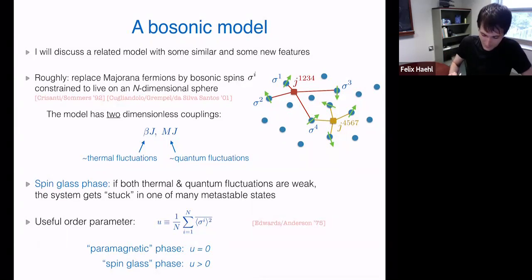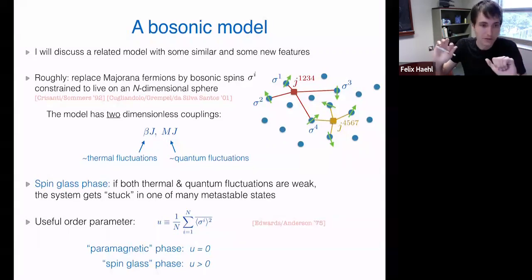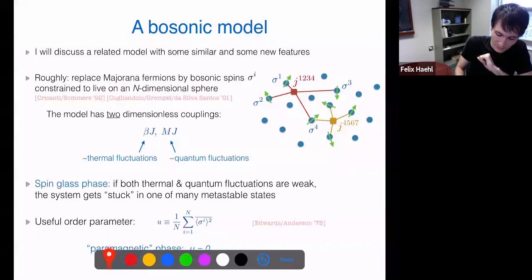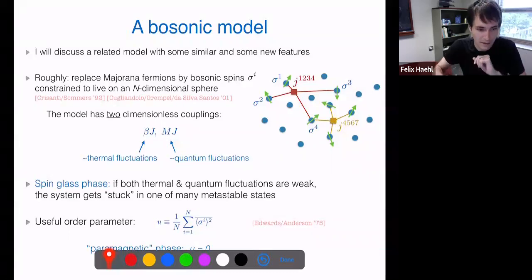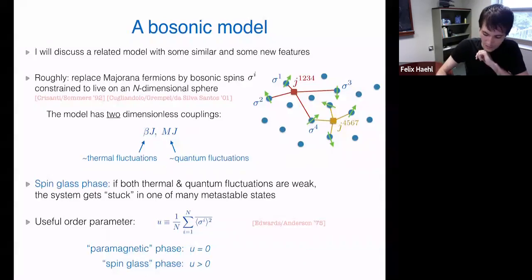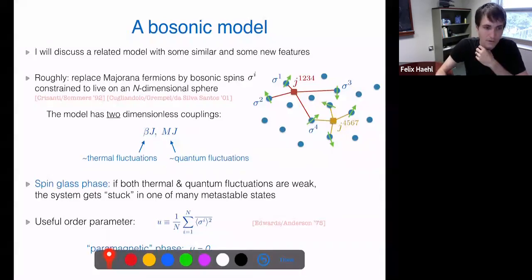So let me talk about this very schematically first, and then I'll give you more details. But so at a schematic level, when you think about doing this, considering these bosonic spins and constraining them to live on a sphere, you're going to end up with 2 couplings. One of them is the same J as before, or the dimensionless combination beta J, that describes the strength of these interactions, or the inverse temperature.